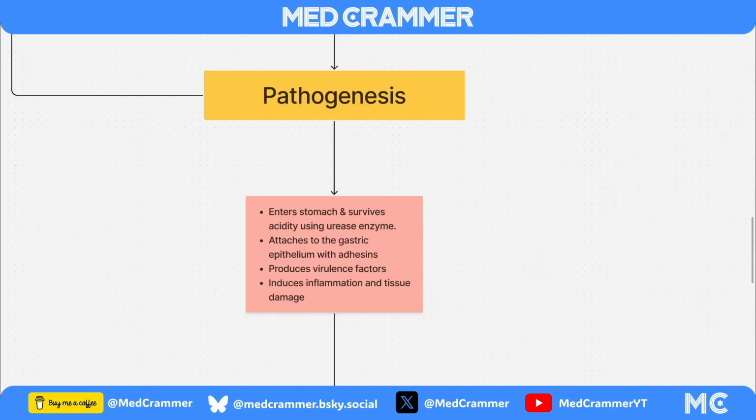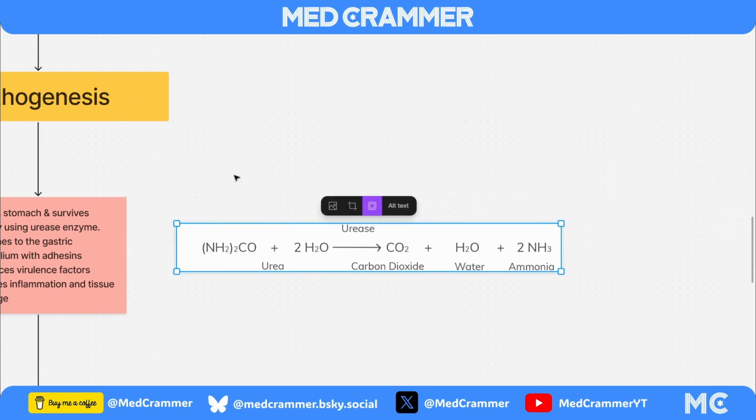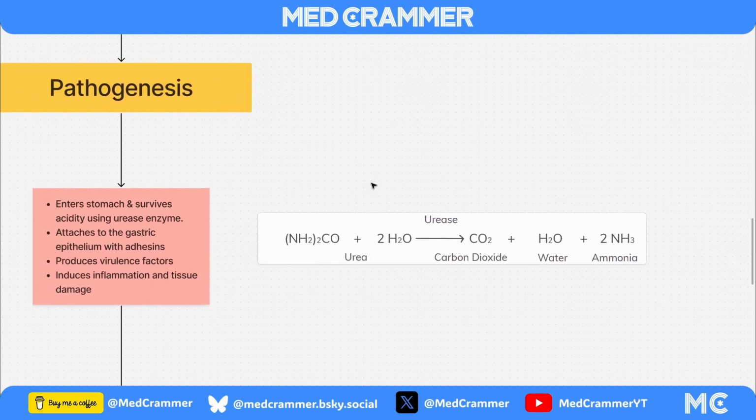To understand how urease helps the bacteria survive, let's take a look at the urease reaction. Okay, so we know that urease is an enzyme from the name, from the suffix -ase. So this bacteria has a urease enzyme. Now, the first part of the urease, so it's related to urea.